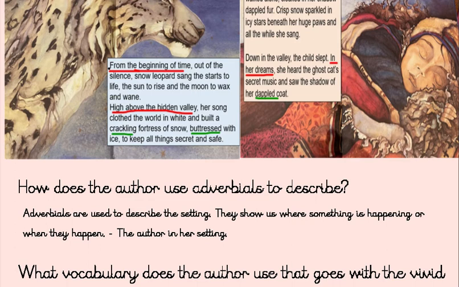Well, buttressed means covered. Crackling, we probably already know what that means, and dappled is the sort of black and white imagery we sometimes see, for example, when the sun is shining through the tree and you can see the light and the shadow next to each other, and it makes that dappled dark and light effect.